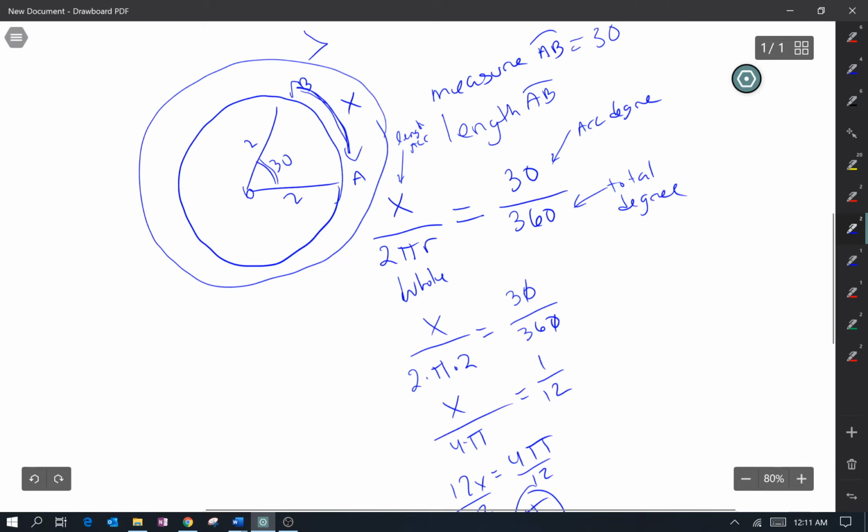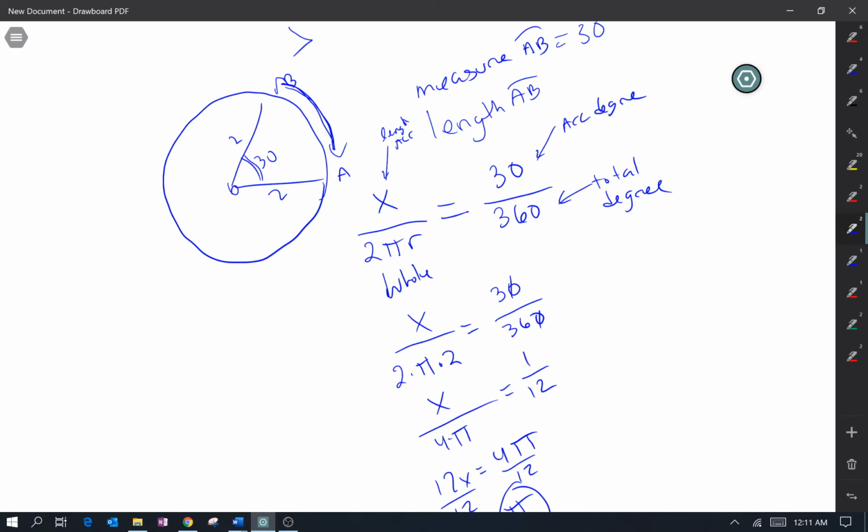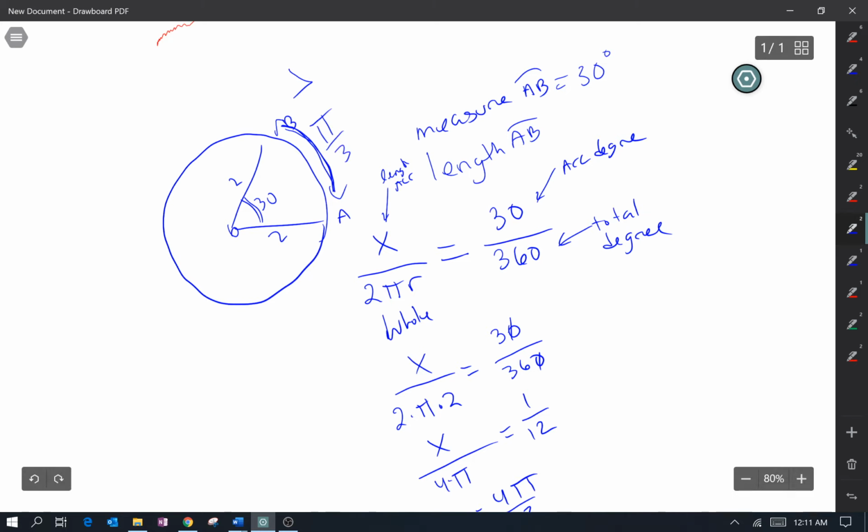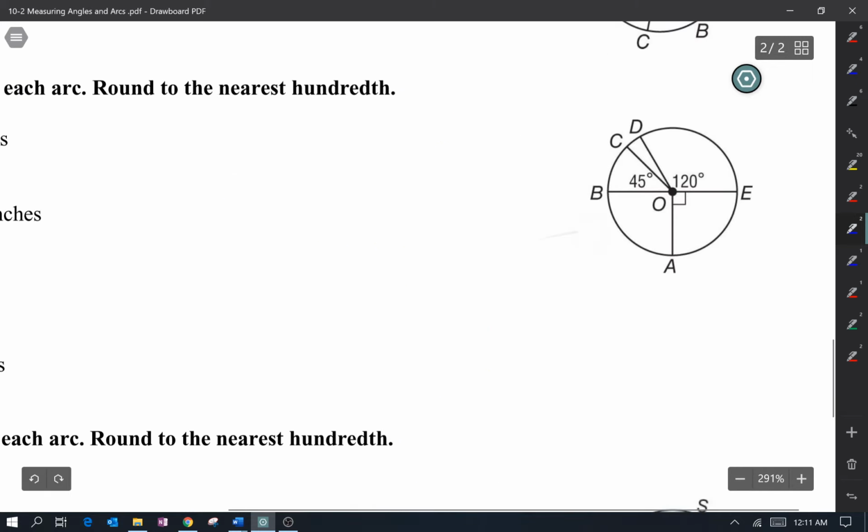What am I saying? All I'm saying is, let me erase a lot of this. I'm saying that the distance from A to B along the circle is exactly pi over 3 units long. So all I have to do, now you're going to see something here. We're going to change this up. Your book, right? And you know how much I like this book. Your book has this, right?